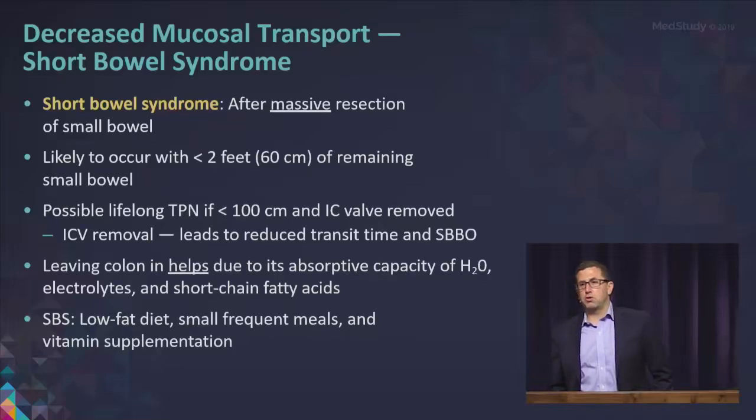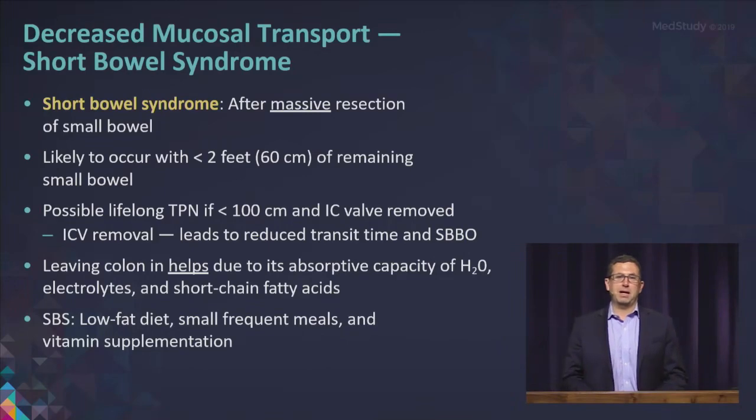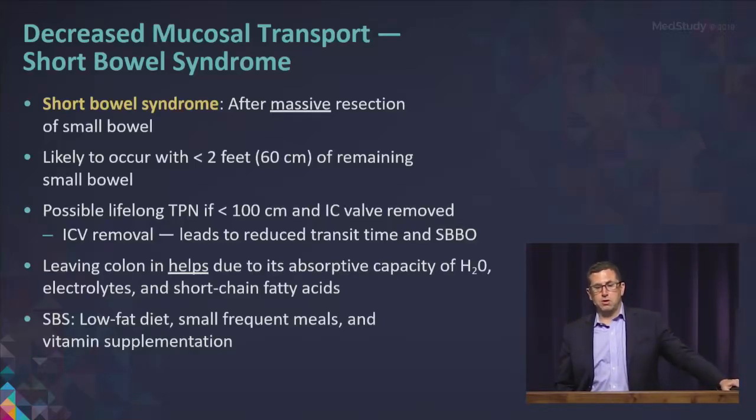So there's something called short bowel syndrome, which in contrast to what I was just discussing previously, really is when there's almost no small bowel left. Before we were talking about more than 100 centimeters versus less than 100 centimeters of the TI resected. But here we're talking about almost all of the small bowel being taken out. So you're generally going to see short gut syndrome if you have less than 60 centimeters of remaining small bowel.